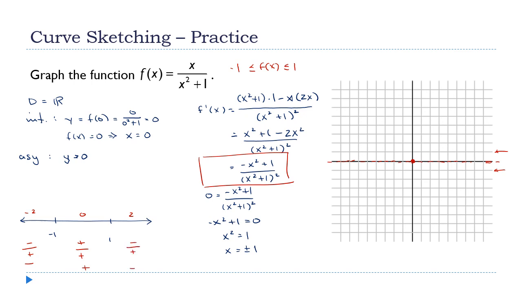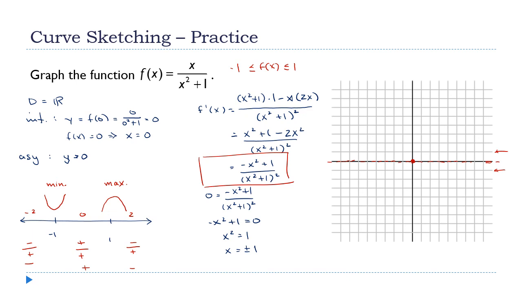That's a negative number. So let's see what's happening here. Going towards -1, it decreases and then increases. Right, so this is a relative minimum. Then over here, it increases and then decreases. So this is a relative maximum.